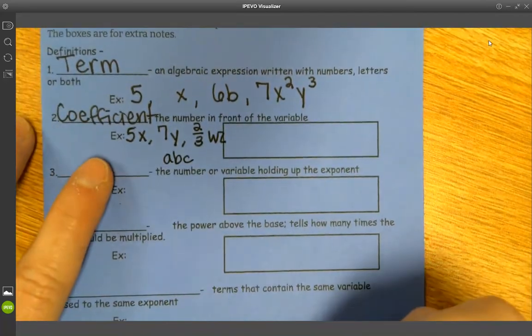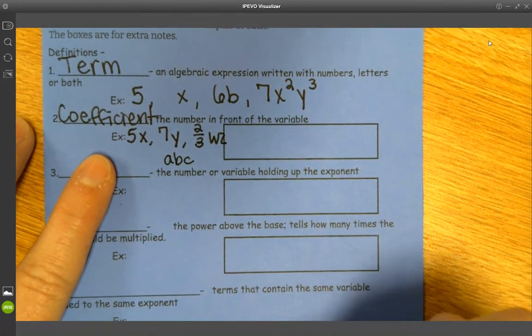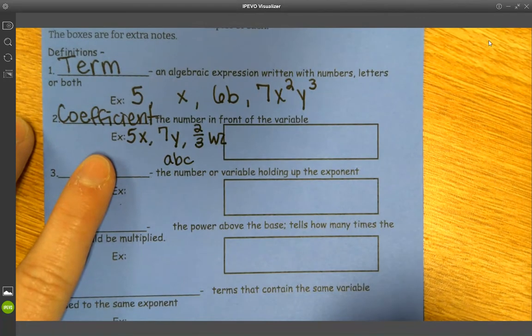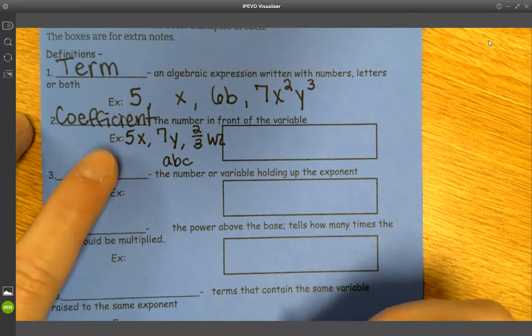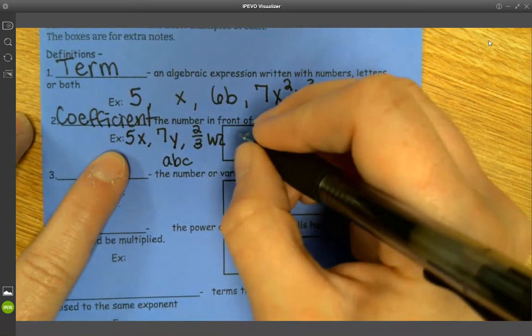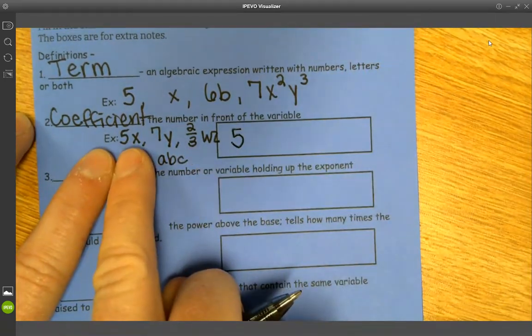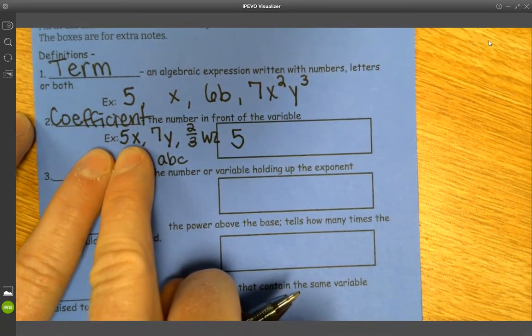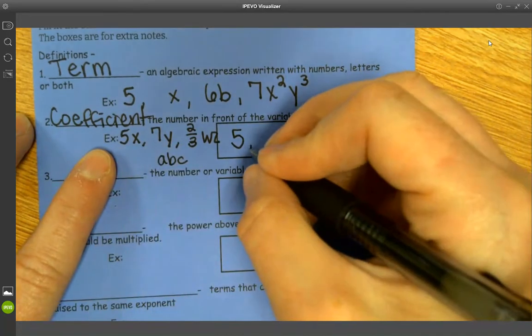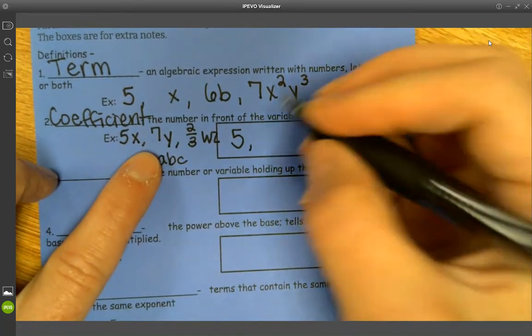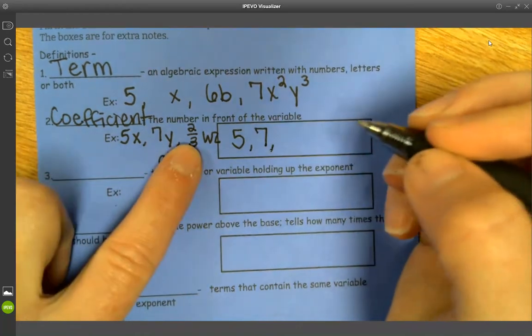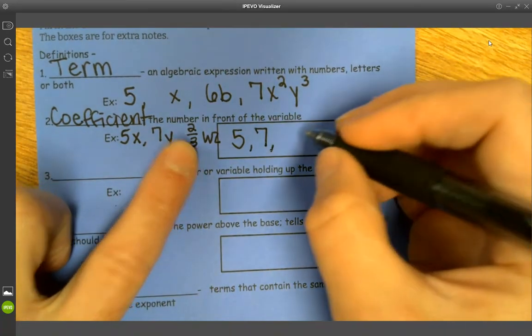So these are all terms. So the coefficients are the numbers in front of the variables. So the coefficient for this would be 5. That's the coefficient of 5x. 7y. 7. 2/3 wz.